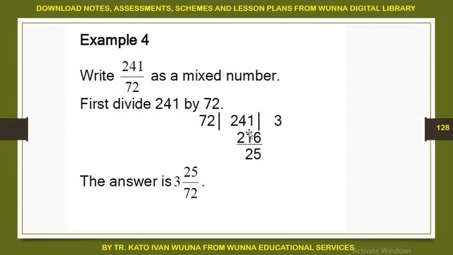So that multiple is 216, but it is obtained after multiplying 3 by 72, meaning the number we multiplied to get 216 is our whole number. So it will appear as a whole number.